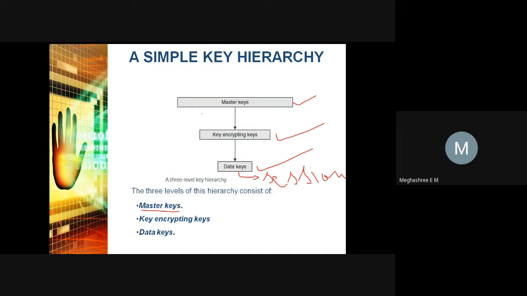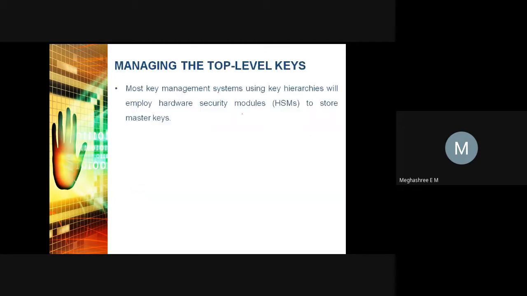In such scenarios, the master keys are stored in hardware security modules so that the top level keys do not get compromised. That's why those keys are stored in HSM.